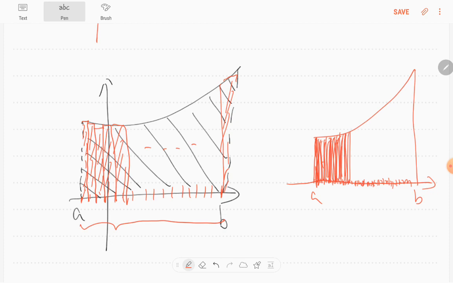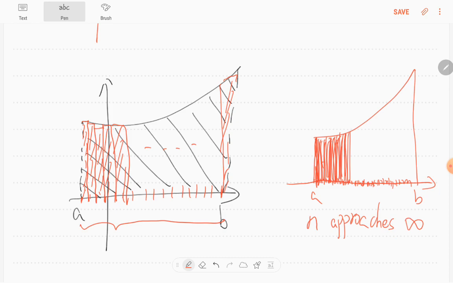So how to make the intervals very tiny? How many intervals do we have? If we have n subintervals from A to B, we let this n approach infinity.